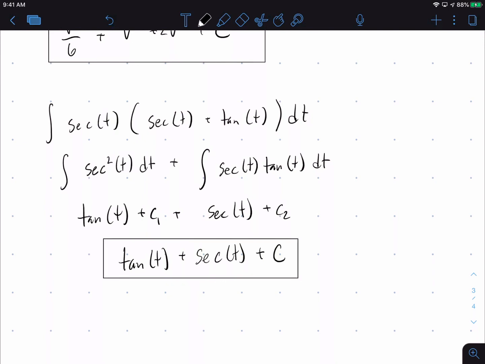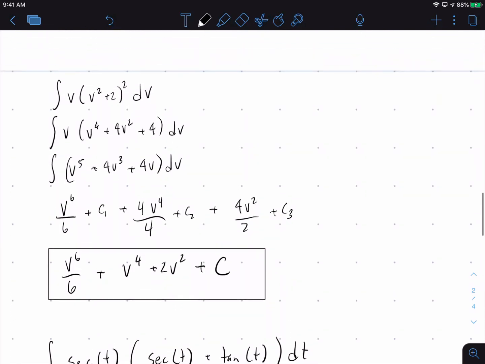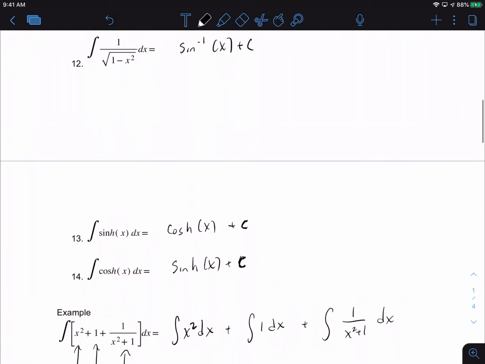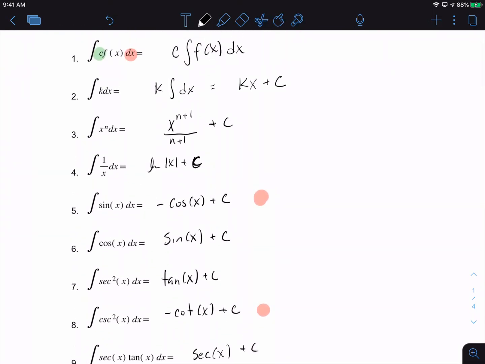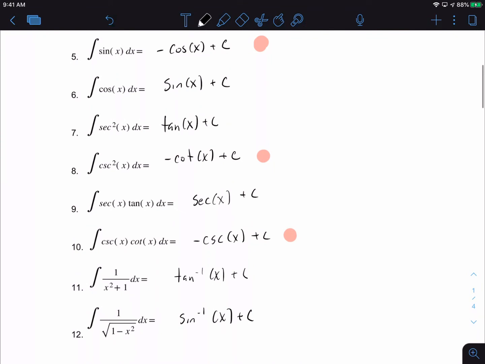Now, you can tell with all of these problems, I obviously know what these values are. I have them very much memorized in my head, but it's going to be important that you either make flashcards or something that's going to get you to know at least these first 12, right?